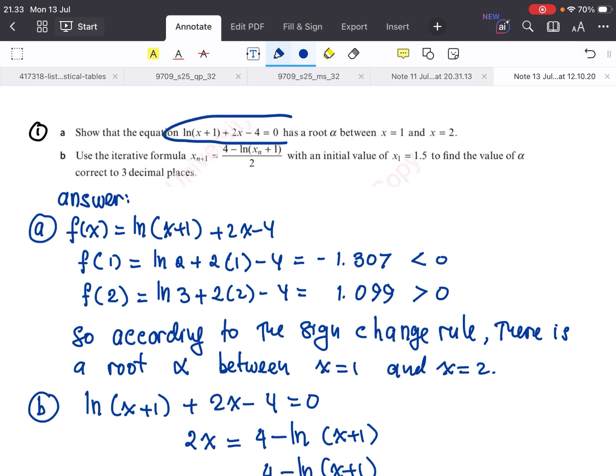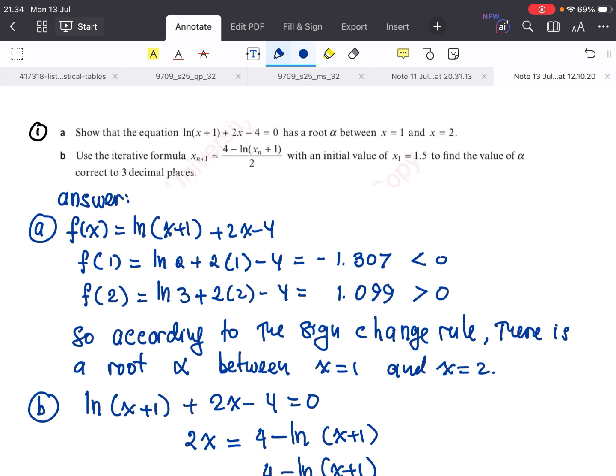Students, this equation and this one are actually the same. We can rearrange this using algebra to change it into this form, like the one that I did here.